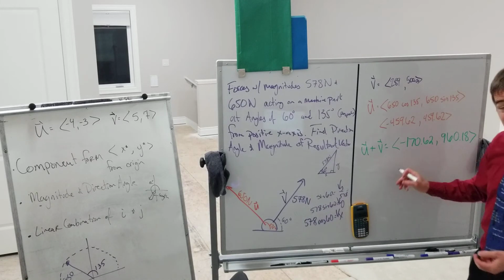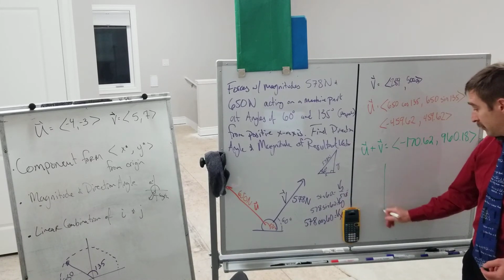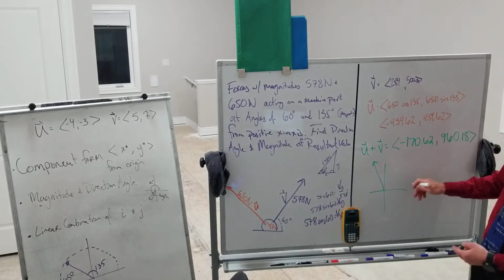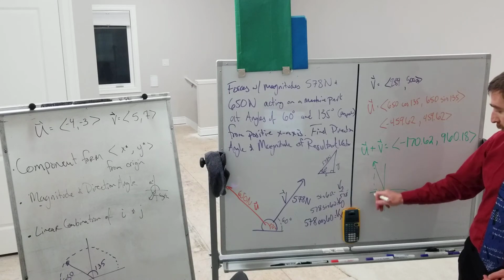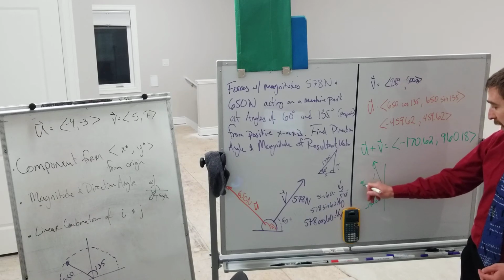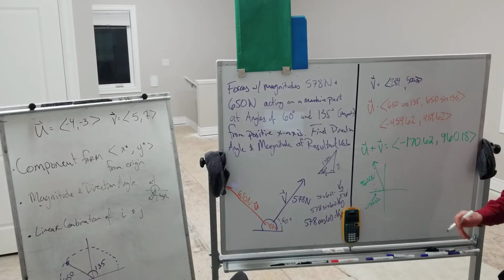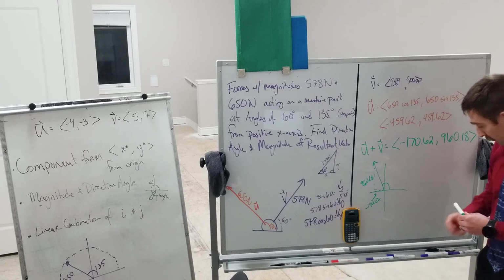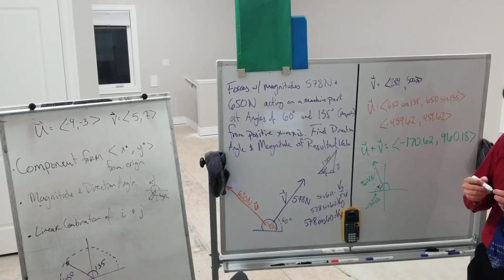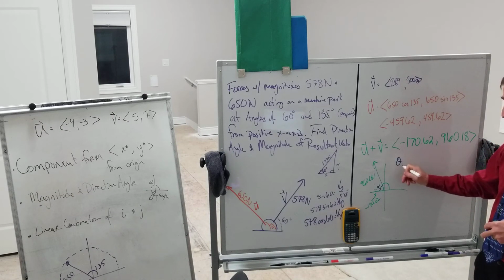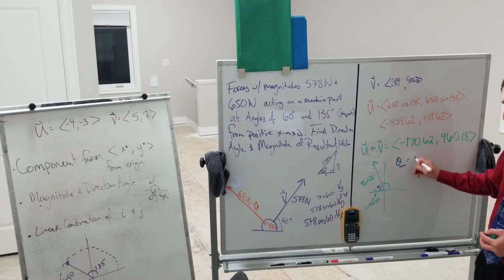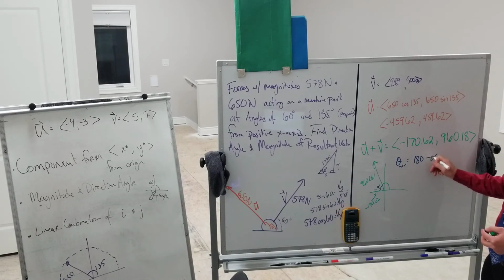So we can just look at this, right? Basically, we have a vector like this, negative 170.62, 960.18. If I want to find the direction angle, I'm going to find alpha right here, and I'm going to go 180 minus alpha. So the direction angle, theta sub u plus v, is 180 minus alpha.